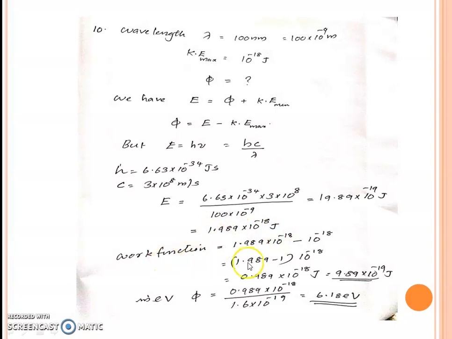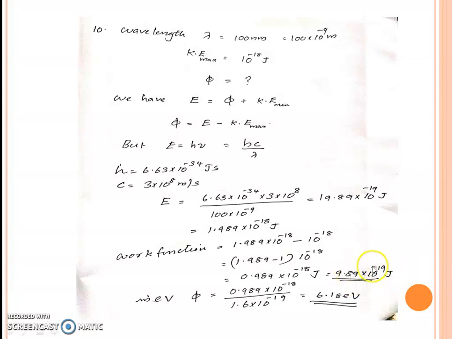Now, we can substitute directly into the equation, work function phi equal to E minus kinetic energy maximum. E is 1.989 into 10 raised to minus 18 minus kinetic energy 10 raised to minus 18. So, now it is easy to solve. By solving this, we will get work function as 0.989 into 10 raised to minus 18 joule. We can rewrite it as 9.89 into 10 raised to minus 19 joule.